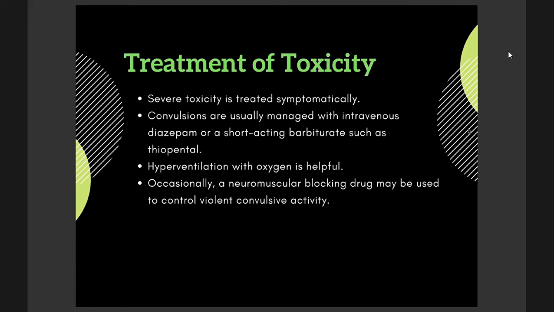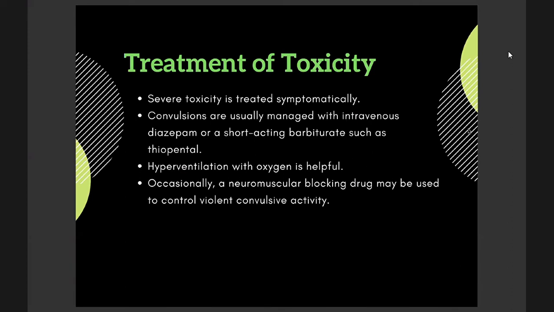So it is a last resort, just to stop the convulsion, because if the patient is convulsing, we say that we have to stop the convulsion. So we have to give your neuromuscular blocking drugs, but this is not the ideal one to give to stop convulsion.